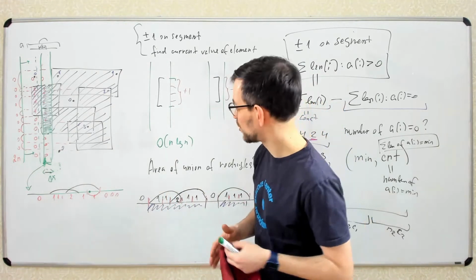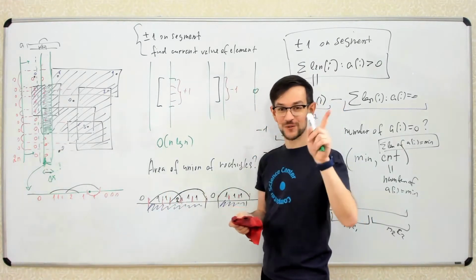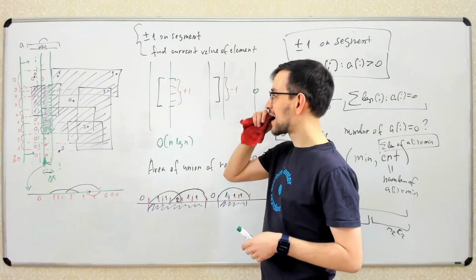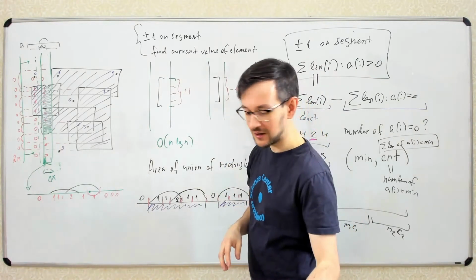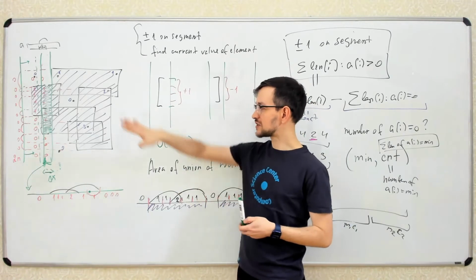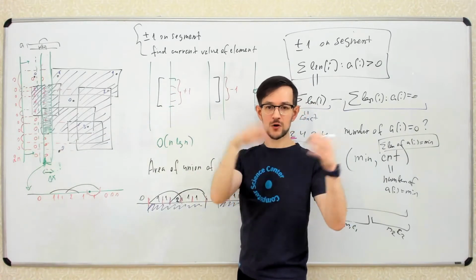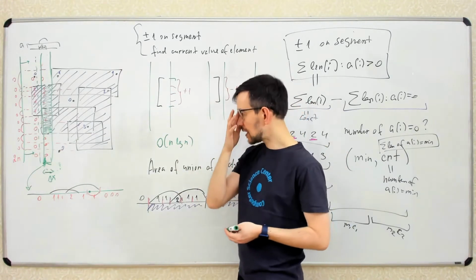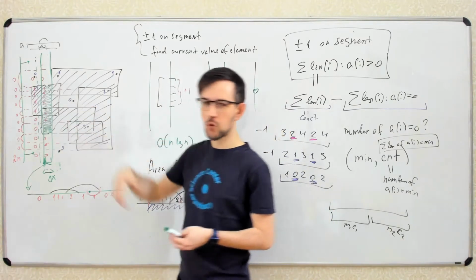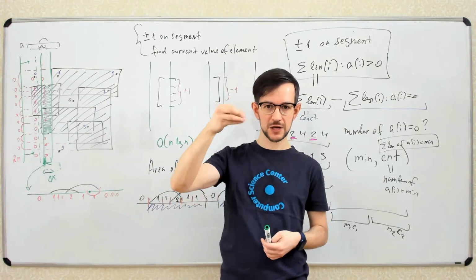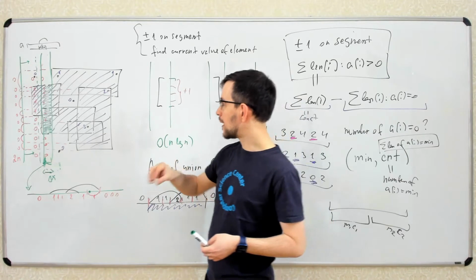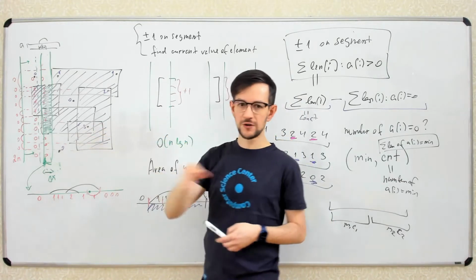Let's solve one more problem before I erase this picture. So let's say you have some picture of rectangles, you have some number of rectangles, and again you have some points. For each point you need to answer how many rectangles cover this point, but you don't have all these points in advance.